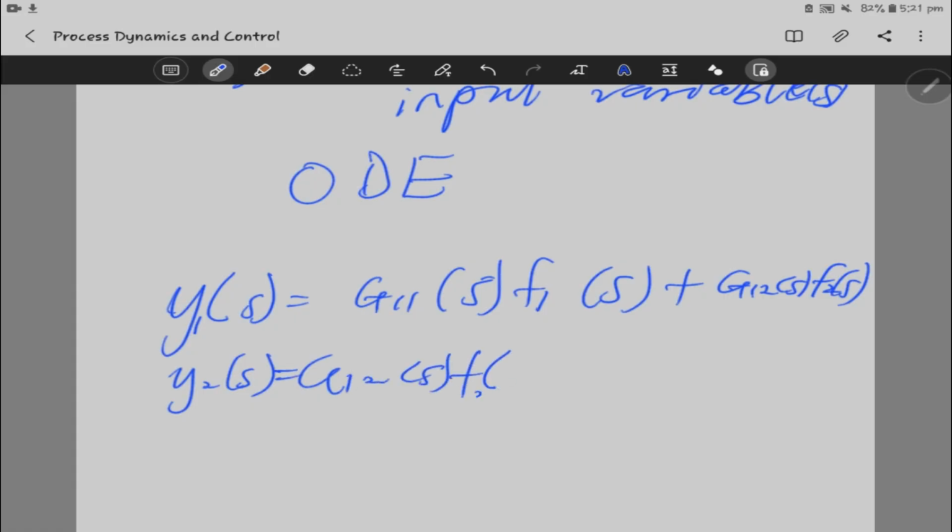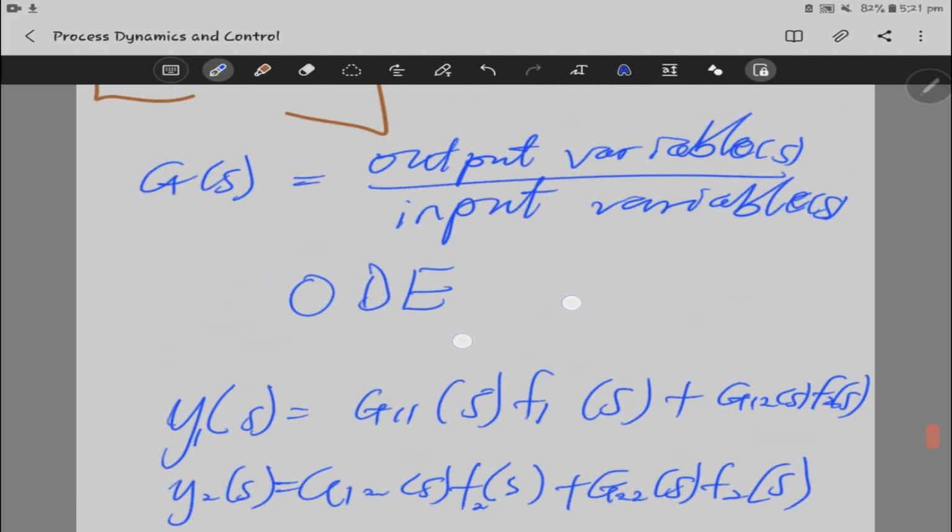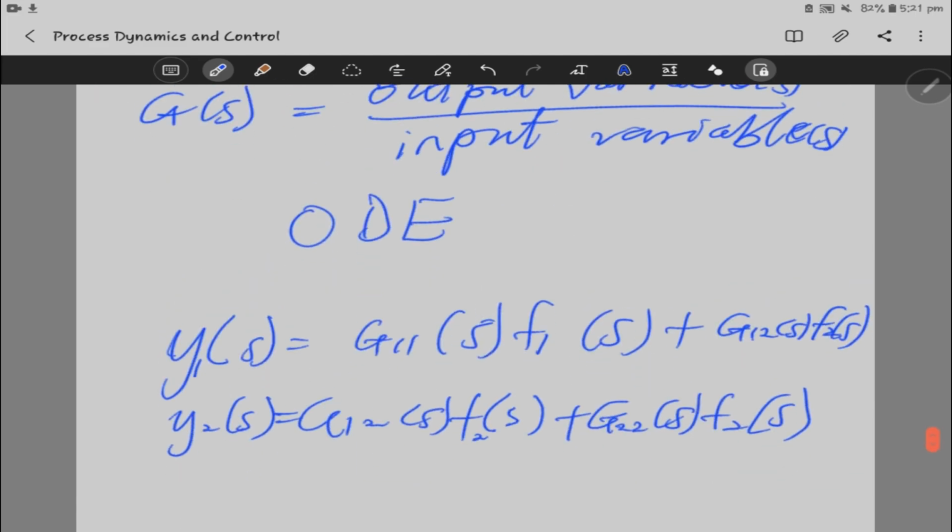Then again, these are some of the concepts that must be understood when modeling a system, right? This is one. Okay, this is still two, right? So what this means is that, as we said, we know the general form of the transfer function, the symbol is G, and you can see different G's here, about four, right?